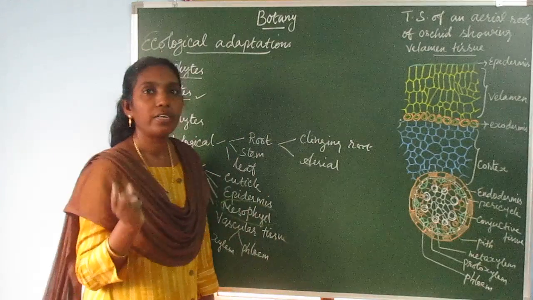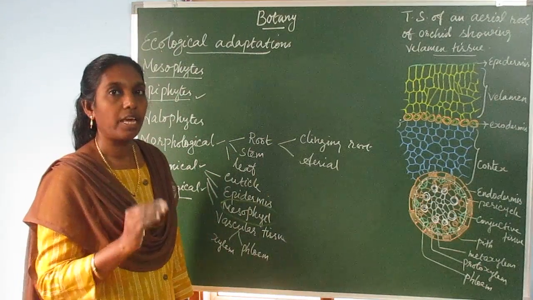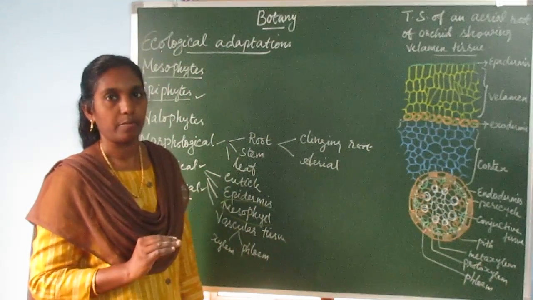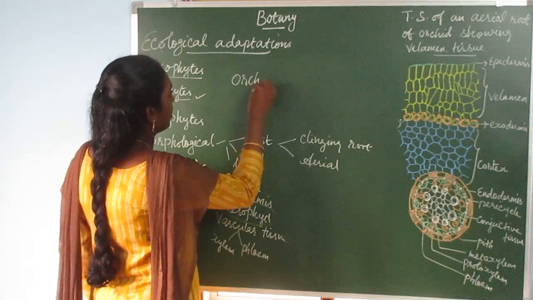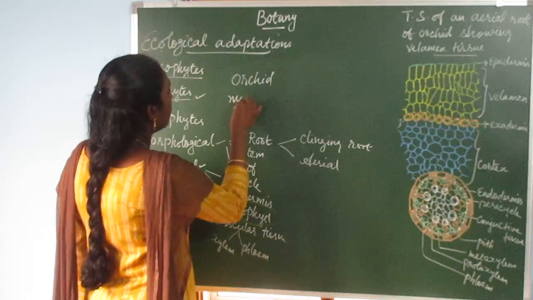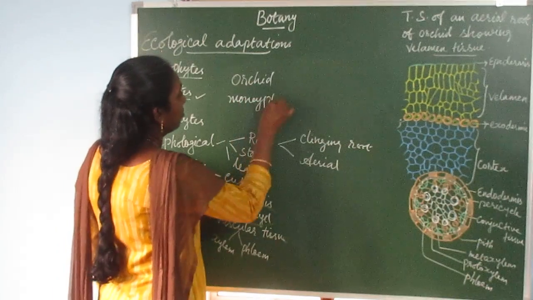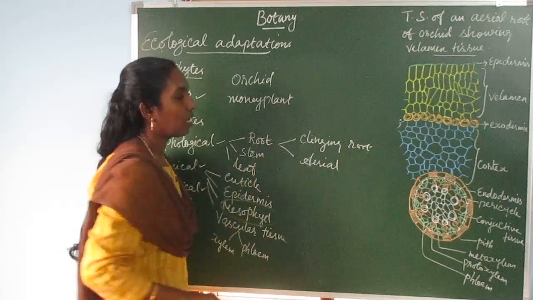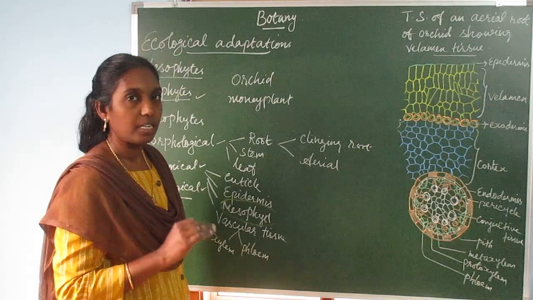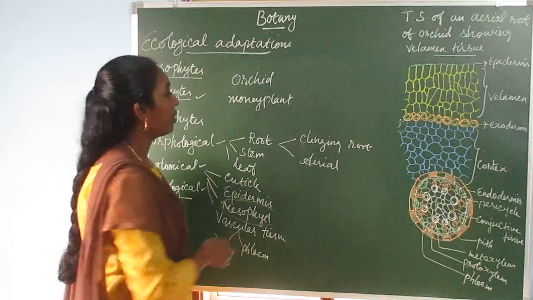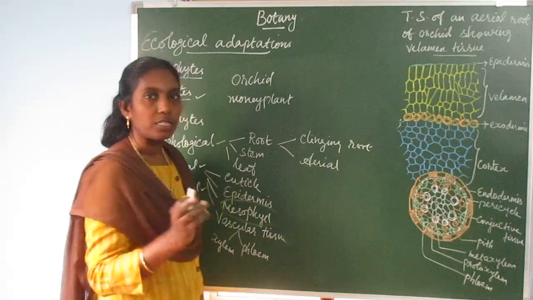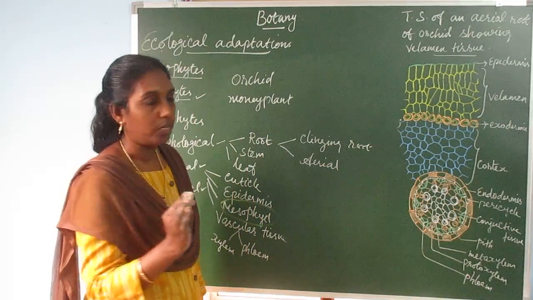There are 2 different types of roots observed in epiphytic plants. Examples of epiphytes, you know, there are a number of orchids as well as the money plant. These come under epiphytic plants. Orchids, you know, money plant is also a very common example. All these plants possess 2 different types of root.